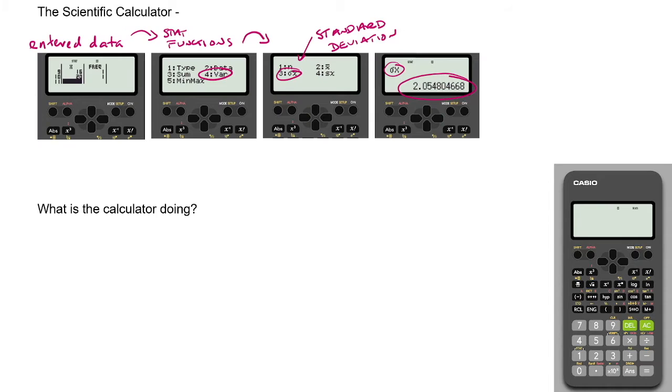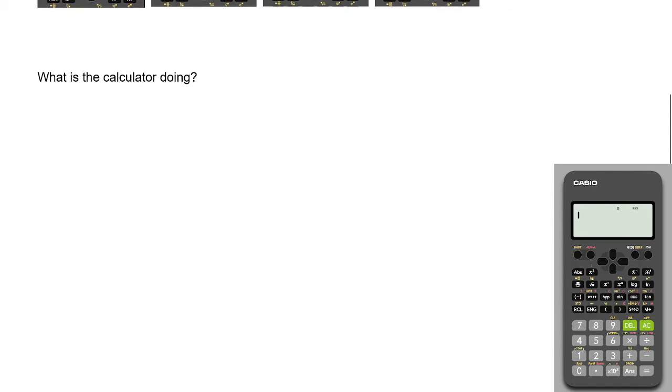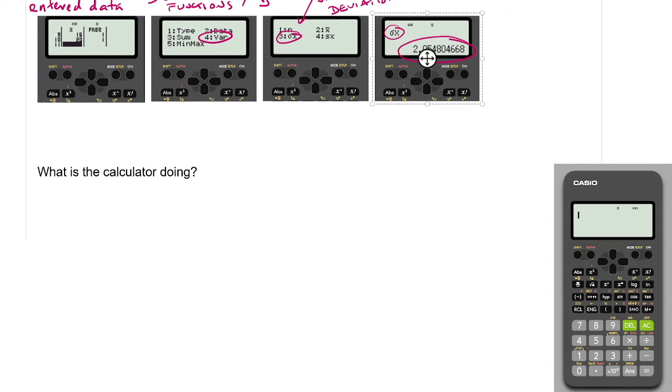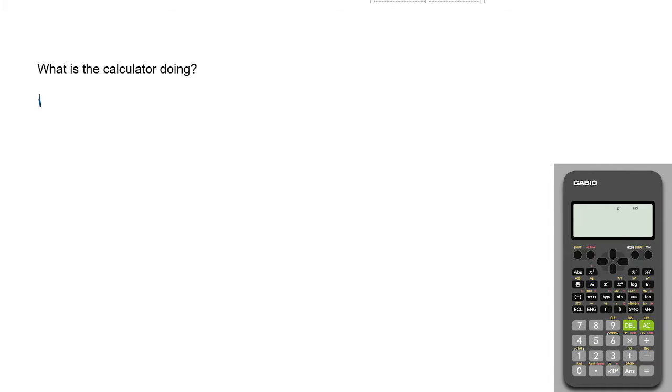Down the bottom there where it says what is the calculator doing, let's go through and see what the algebra is that the calculator is actually performing. There's a few steps along the way. Step 1 is it will find the mean.